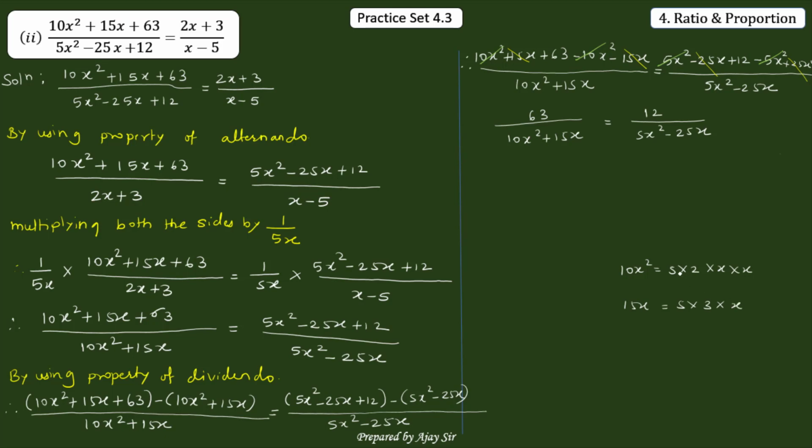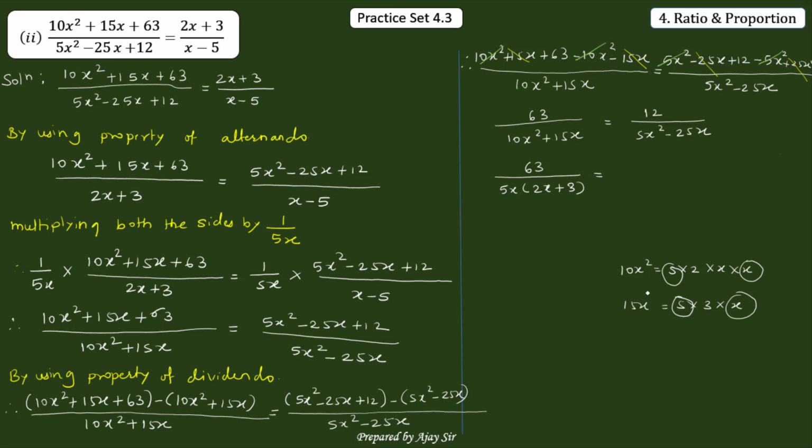So 5 is common here, and in the first two terms x is also common. So after taking this common in the denominator, 5x is common, and therefore 2x is remaining plus 3 is remaining.